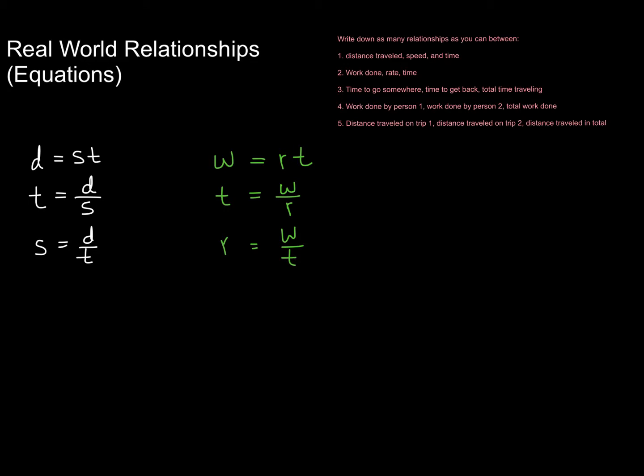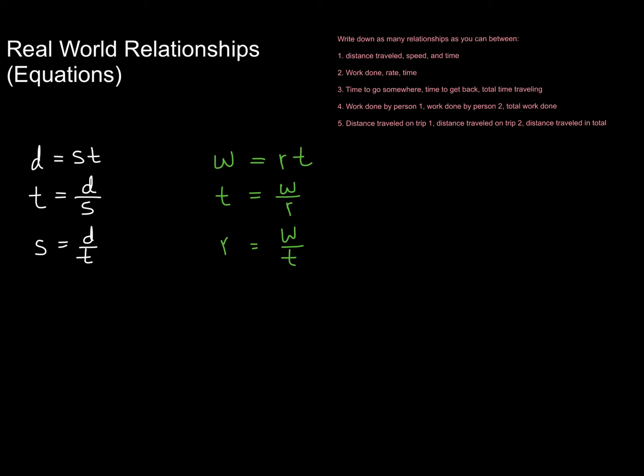And you can take this and use it in each of these equations as well to think about how laying 70 bricks at a rate of 7 bricks per minute would get you a total time of 10 minutes. And similarly, if you lay 70 bricks in 10 minutes, you're going to be laying bricks at a rate of 7 bricks per minute. And we can apply this to any type of work that's being done.